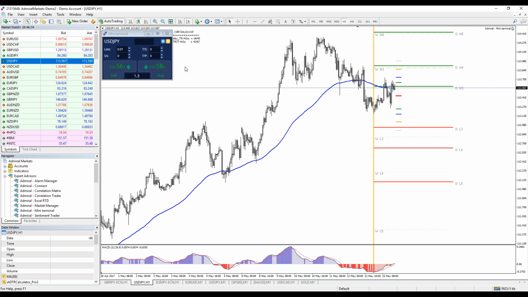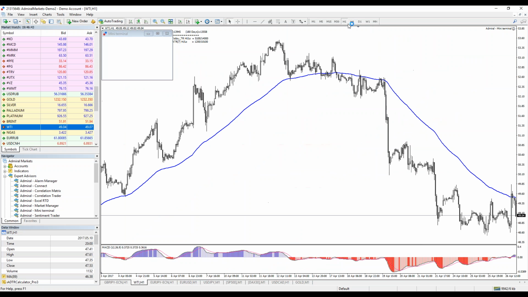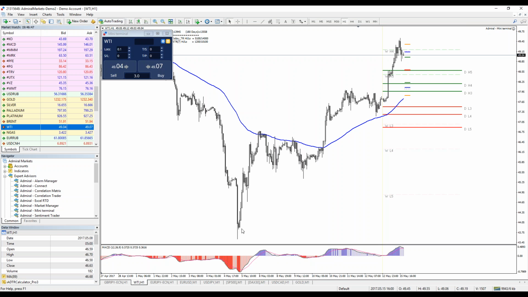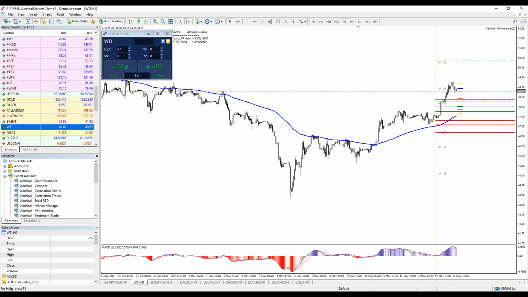Next question is about oil. Definitely uptrend here. Oil price V-shaped reversal. This is a strong V-shaped reversal. Cup with handle here, bullish. This is very bullish. If the price keeps rejecting from this order block, it could go to weekly L5.